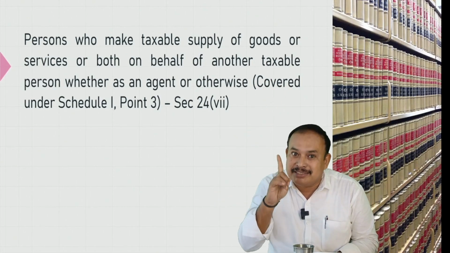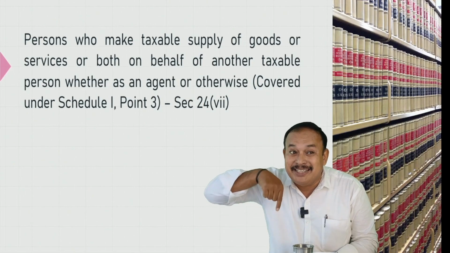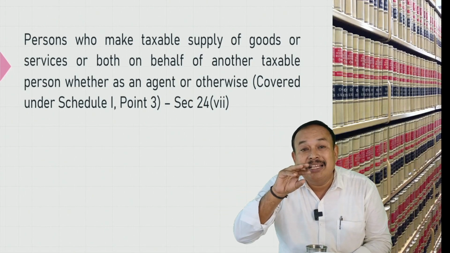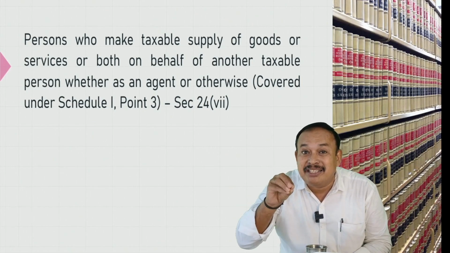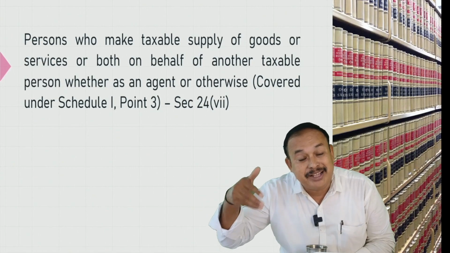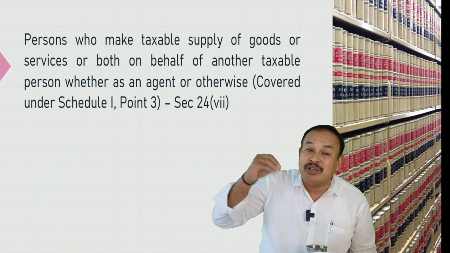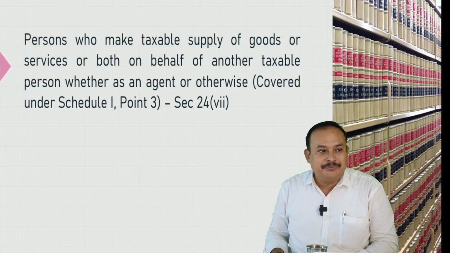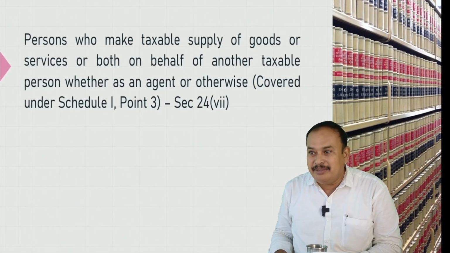But not all agents. Only the agent covered under Schedule 1, point number 3, where the agent undertakes to supply the goods by issuing the invoice on his own account, and receiving the goods with the invoice in his own name. Got the clarity?